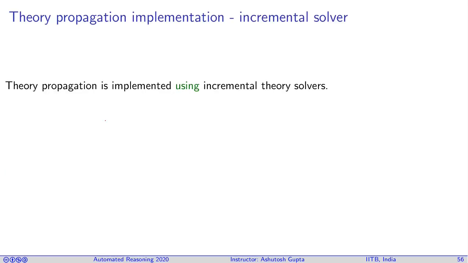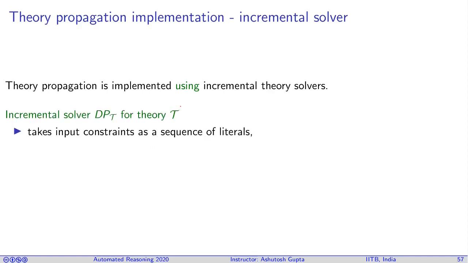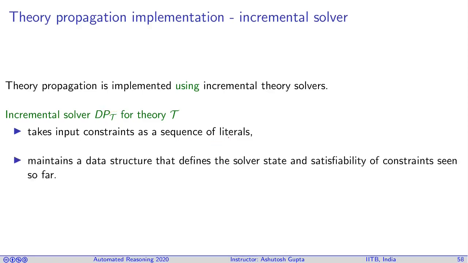So how do we implement this theory propagation? Usually it gets implemented using theory solvers. We will call them DP. For a given theory, you need to have a decision procedure, and let's suppose this is available to us. What it does is take input constraints as a sequence of literals and maintain a data structure that defines the solver state and satisfiability of the constraints seen so far.